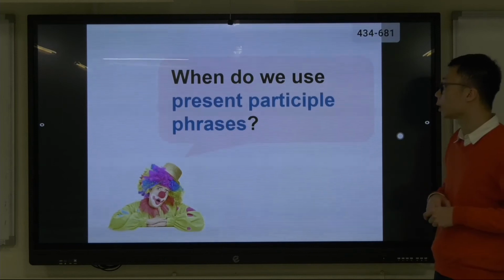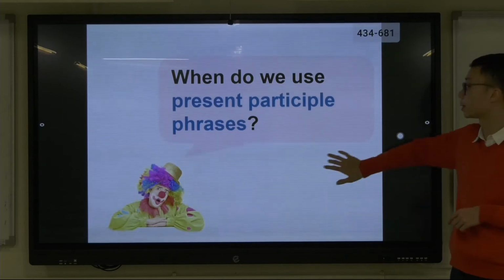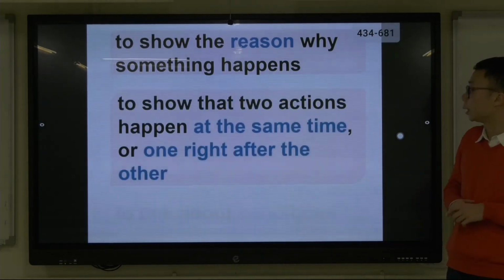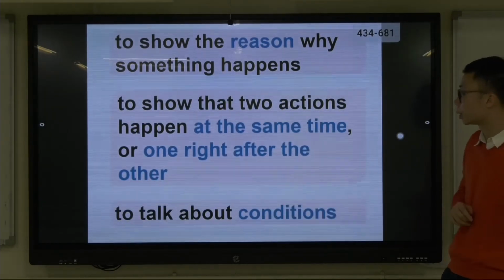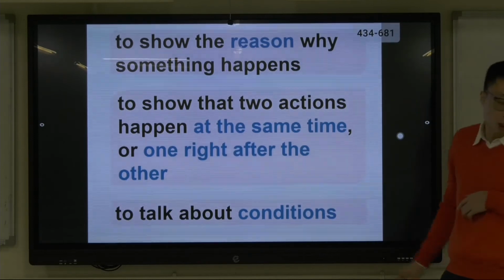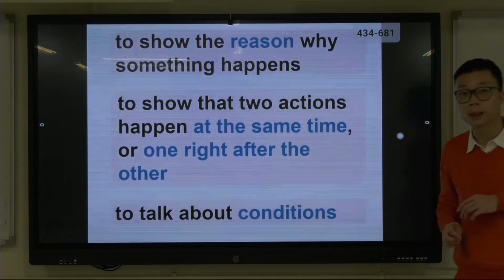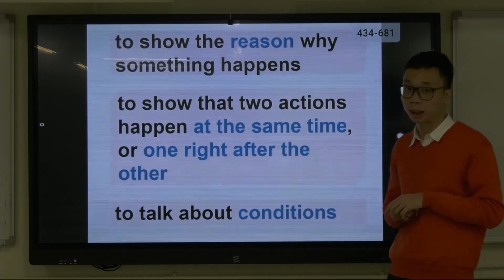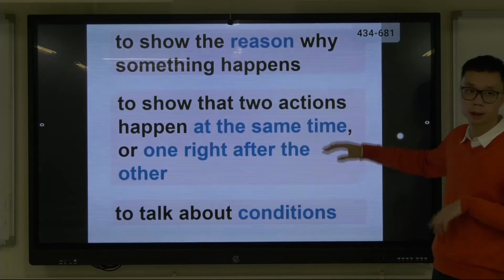And when do we use a present participle phrase? To show reason, and to show two actions at the same time, one following the other. We'll talk about conditions. If you need some review, please turn to your textbook 3B, page 16, for more revision because the time is running out.